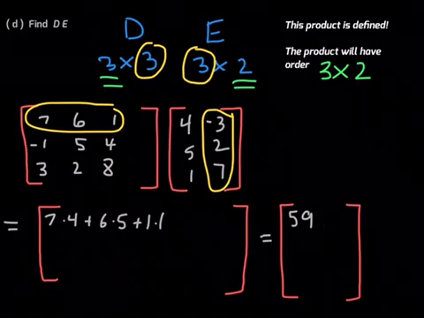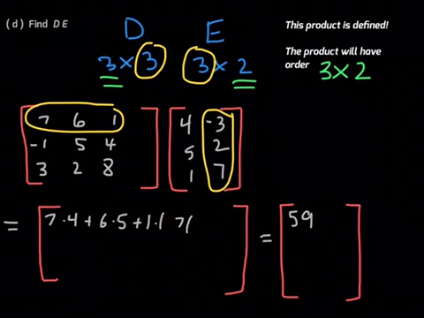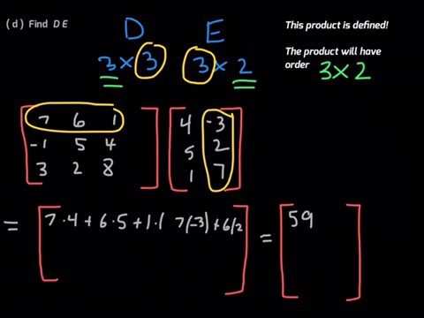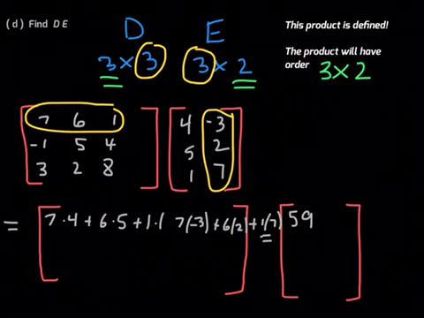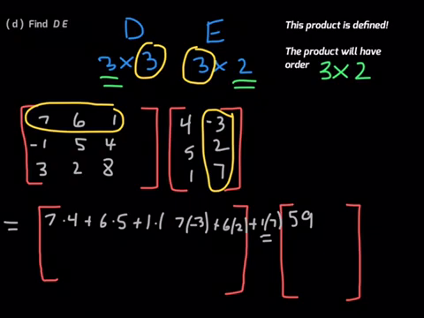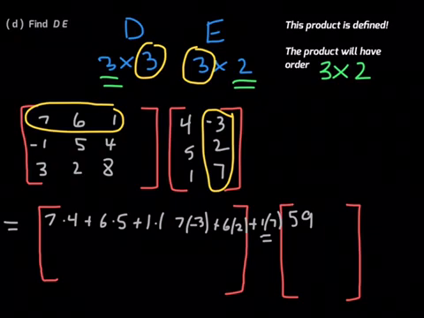I might have to write a little smaller here. So it'll be 7 times negative 3. I'm going to use parentheses, if that helps me a little bit. Plus 6 times 2. I think I'm going to run out of space here. Plus 1 times 7. I'm sorry, I just need a little bit more space there. Let me go back and make a little more space for us.